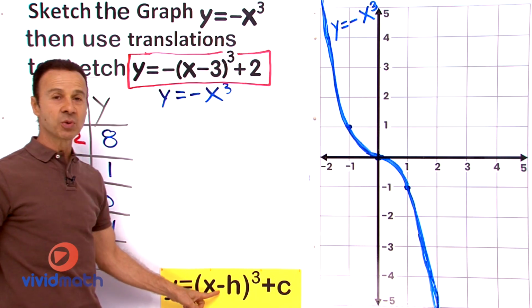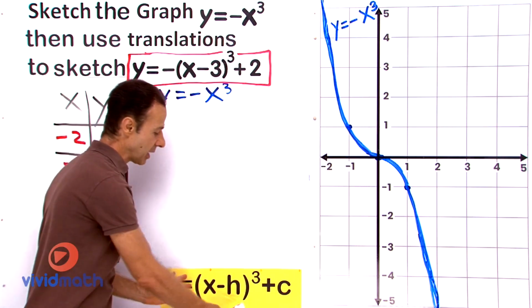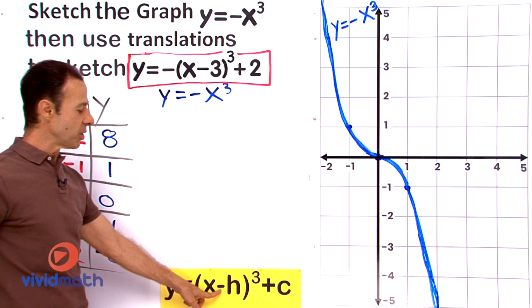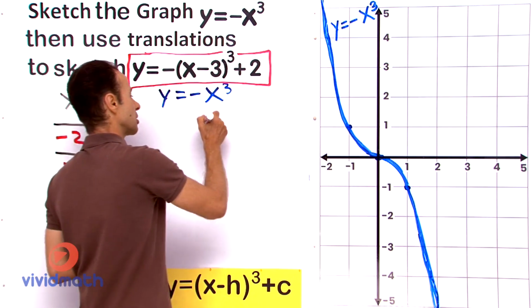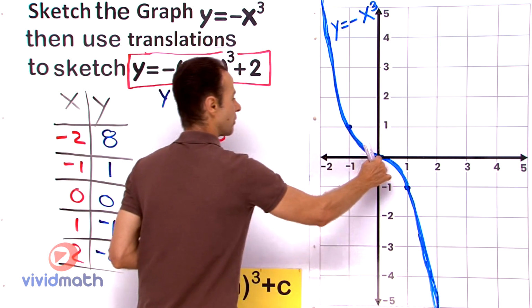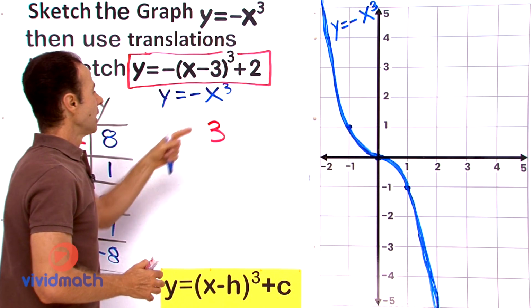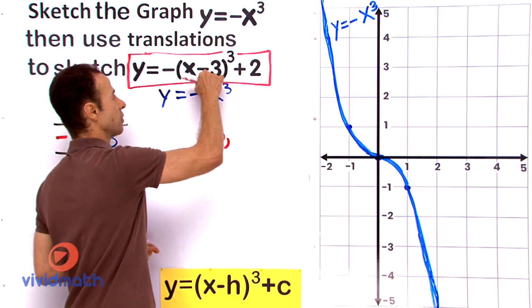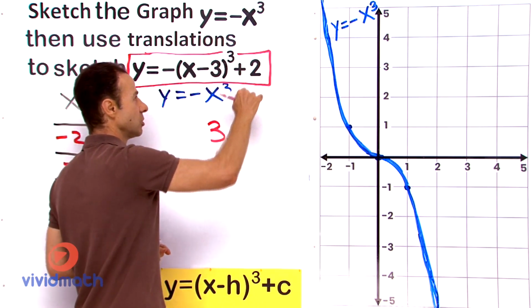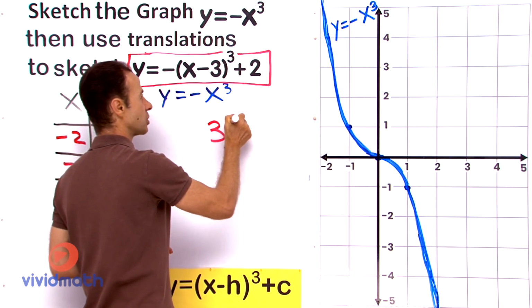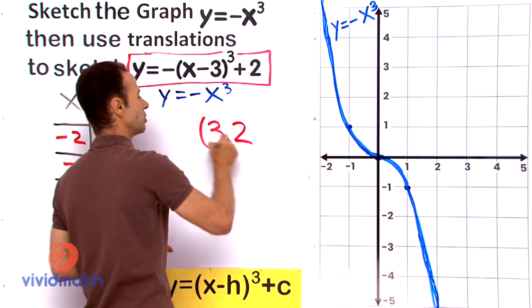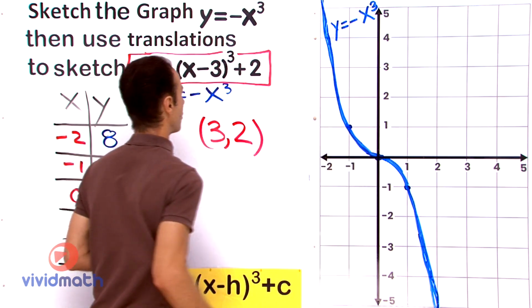Because it's a minus, we do the opposite because it's in brackets. So the opposite of negative 3 becomes 3. Our vertex, or inflection point, is 3, positive 3. That negative becomes a positive 3. And the 2 stays positive. That's the constant vertical shift, which is 2. So it's 3, 2 for that point of inflection right there.